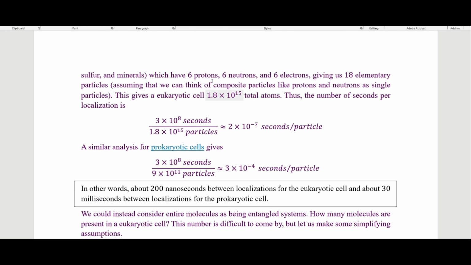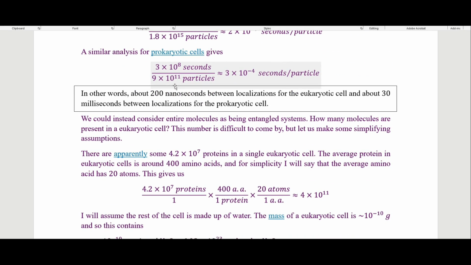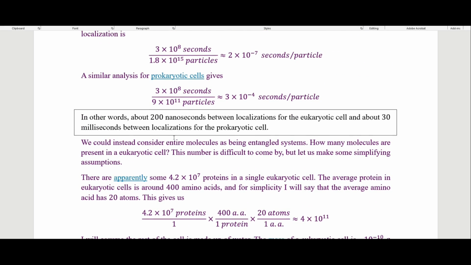If I just look at the number of atoms in a cell, for a eukaryotic or prokaryotic cell, there is about 200 nanoseconds between localizations for the eukaryotic cell and about 30 milliseconds between localizations in the prokaryotic cell. That is a lot more than the once per hour that the anonymous referee said.